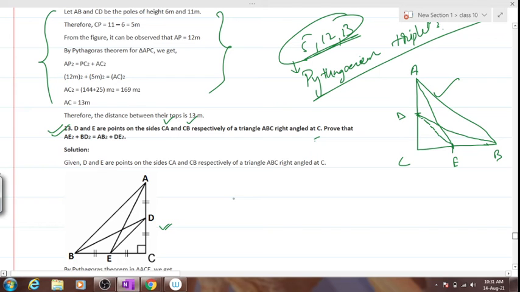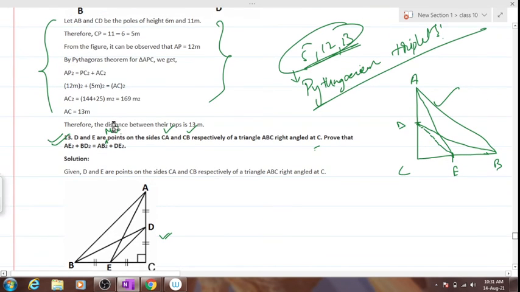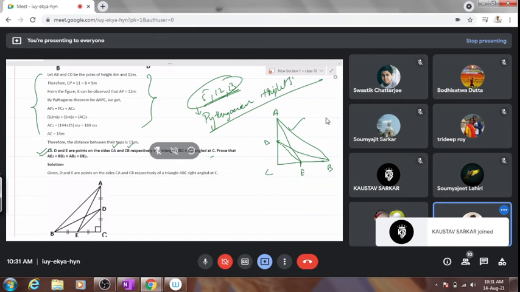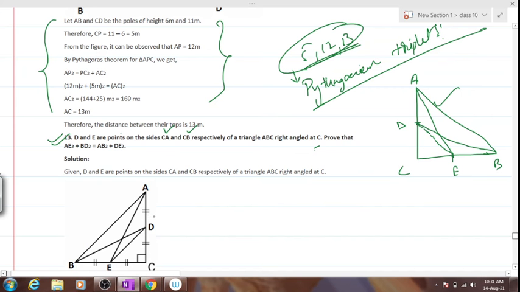Look at your book once. Are these points or mid points? Can you tell me? Anyone? Please confirm with your books. Are these points or mid points? If anybody has a book. Points, no? Chalo, theek hai.